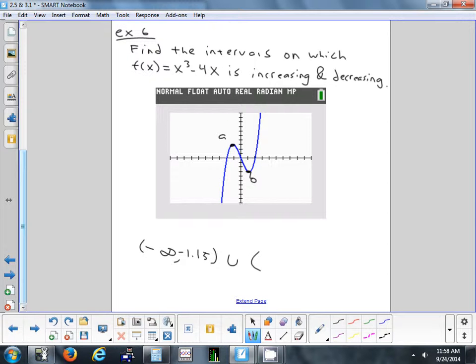So that covers from negative infinity all the way up to there. And where else is it increasing? From what to what? James? Yeah, B to infinity, and I think B was also 1.15. And that covers from there to there. If it asked me where is it decreasing, I'd say from negative 1.15 to positive 1.15. That's where it decreases.